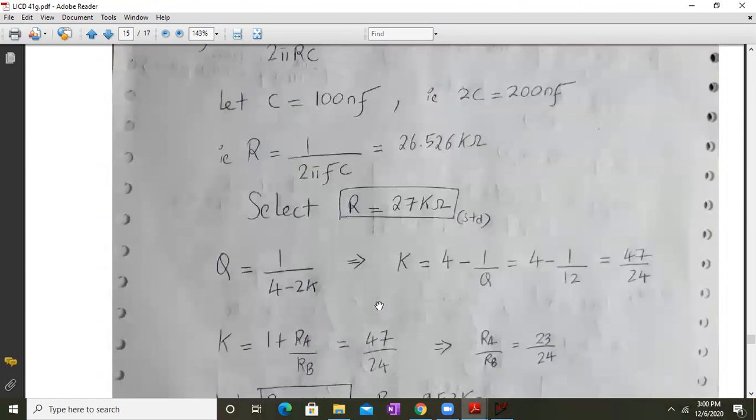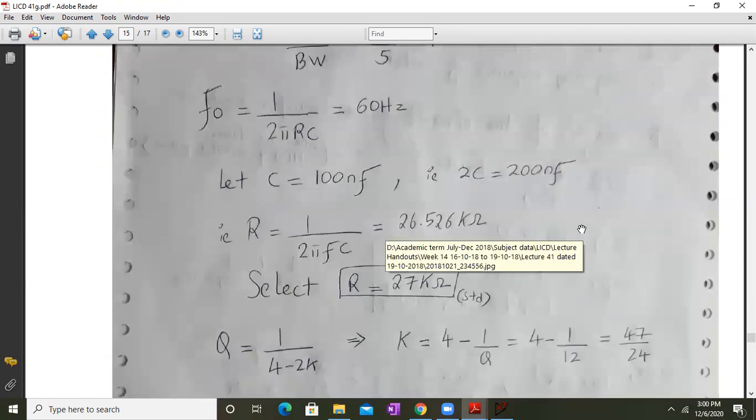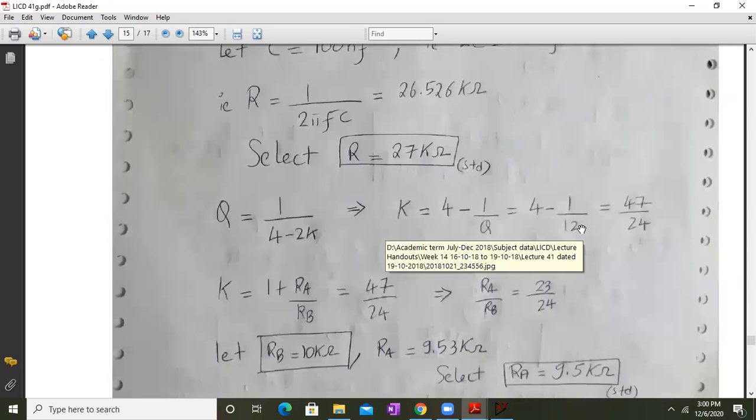I think there is some mistake in this step. Let me put the values in the calculator and check. Q is around 12.